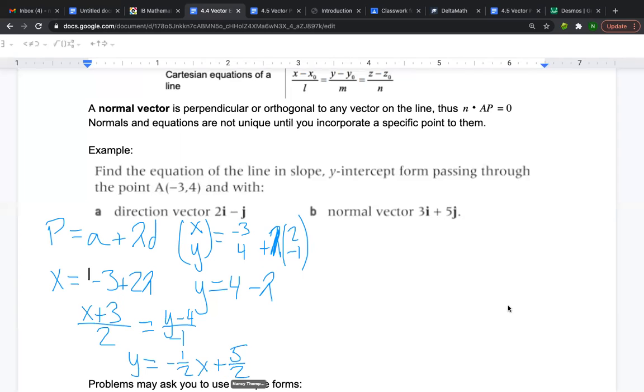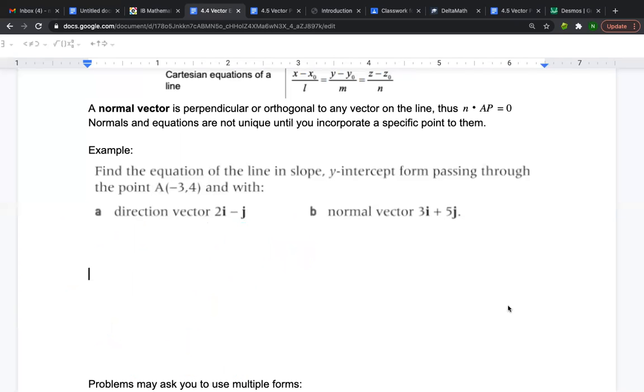Okay, so that's the first one. And then the second one is a normal vector, 3i plus 5j. So what that tells me is if it passes through the normal, I know that n dot (p minus a) is going to be equal to 0.